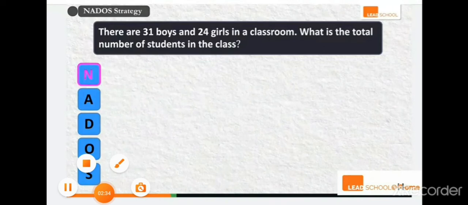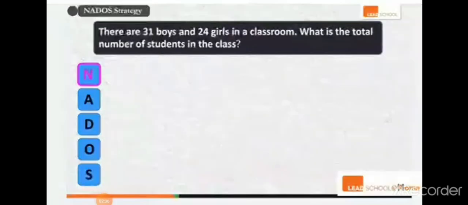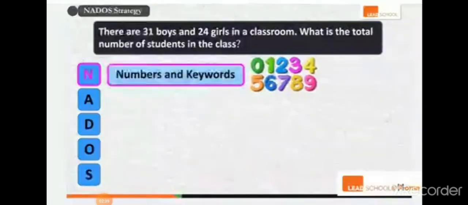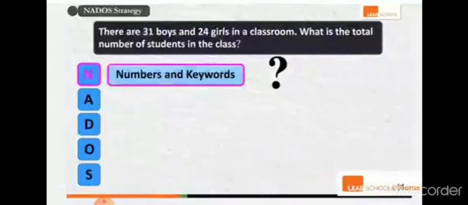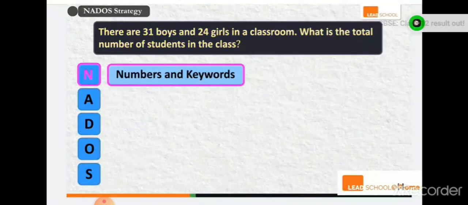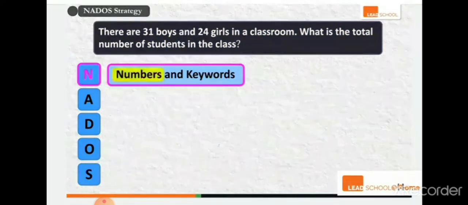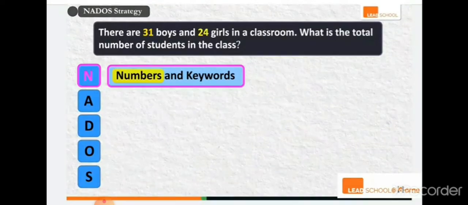The N in NADOS stands for numbers and keywords. Now, where should we look for these numbers and keywords? Correct. The numbers are given in the question itself. We can see that there are two numbers in the question, 31 and 24.